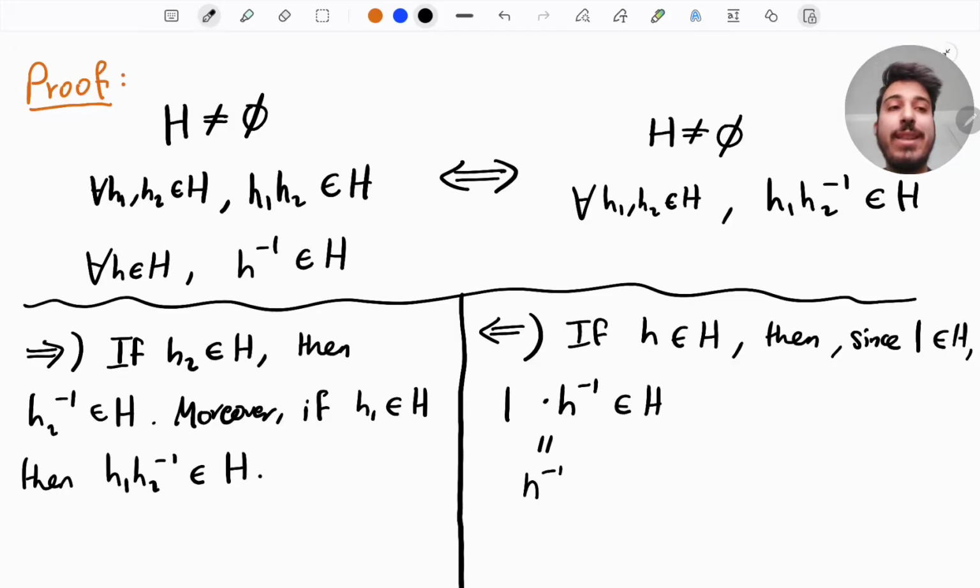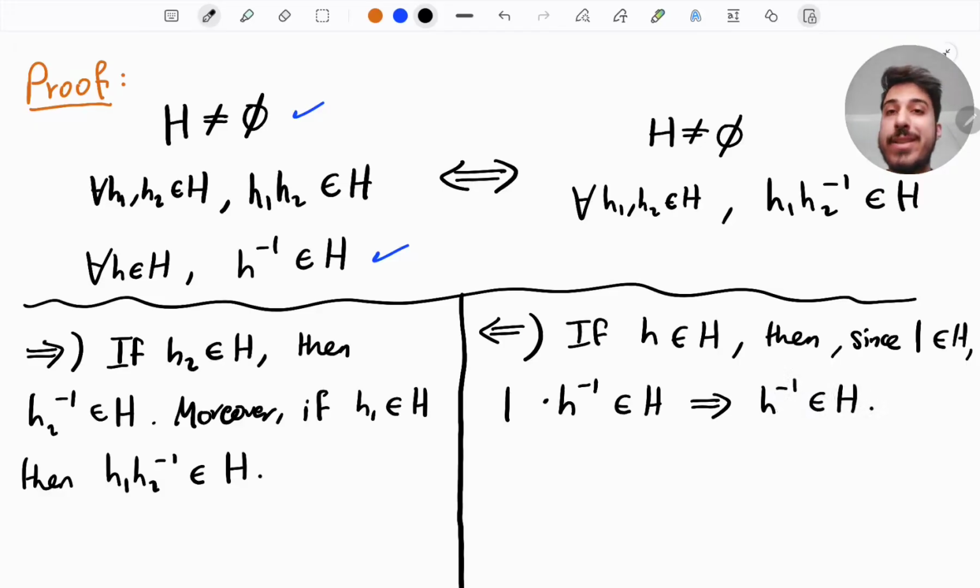So essentially we said that H inverse is in H, and we completed this part. So now we only have this part left to take care of. So writing it properly here, we have that H inverse is in H.